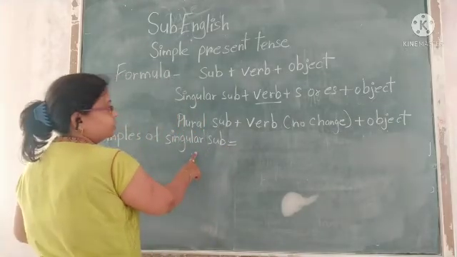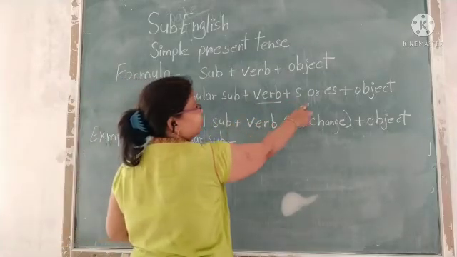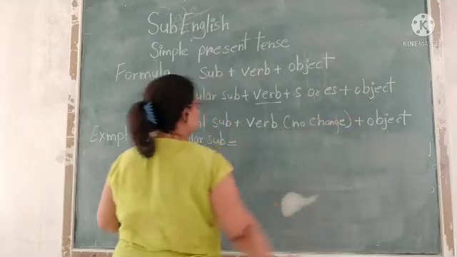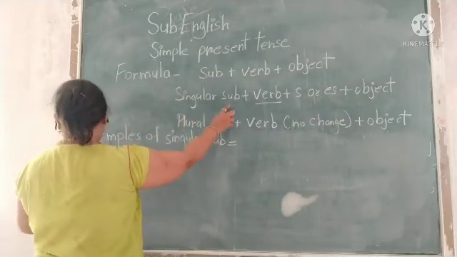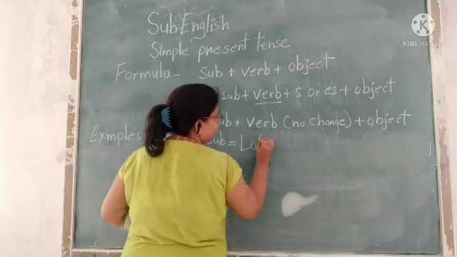And according to singular subject, our formula is singular subject plus verb plus S or ES plus object. If our subject is singular, like one name, Lata.